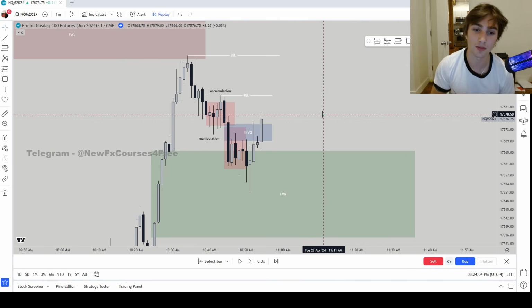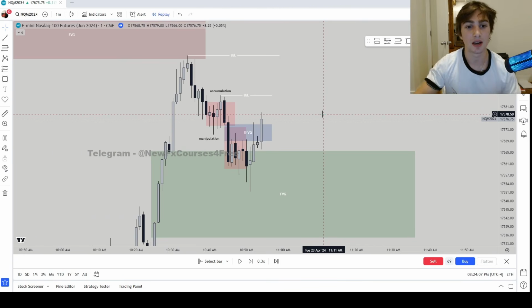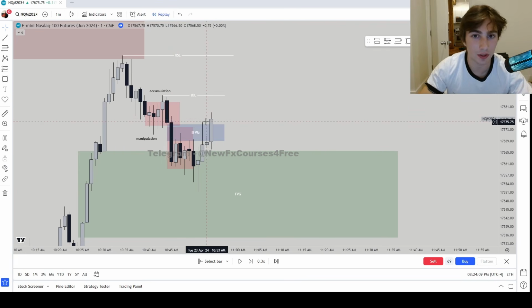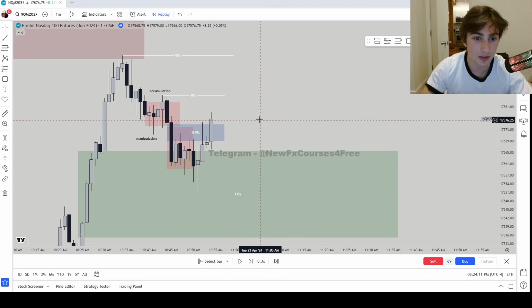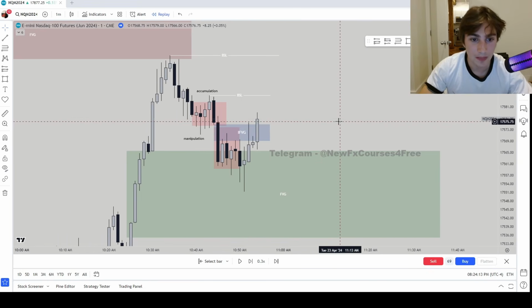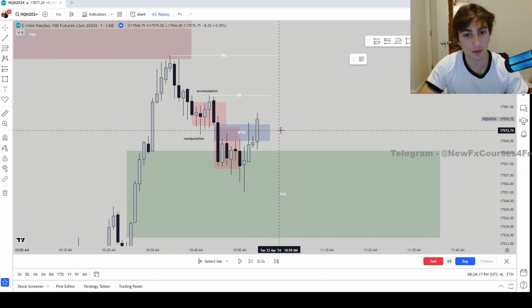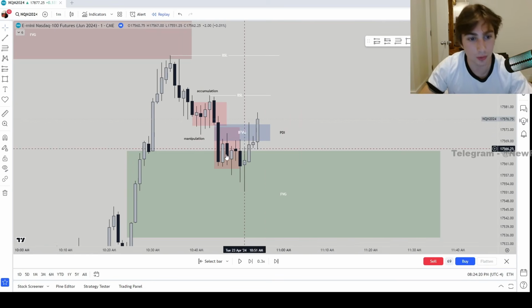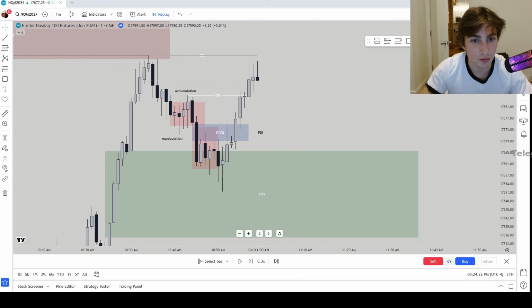So in my mind, this 4 minute was the cleanest thing that could happen. Despite this 1 minute looking really good, I wanted to see the 4 minute get inversed, and then I would have taken my entry. But unfortunately, what happened is that after we got the inversion of this 1 minute right here for the PDI, for the pre-distribution inversion, price just runs through all these highs.